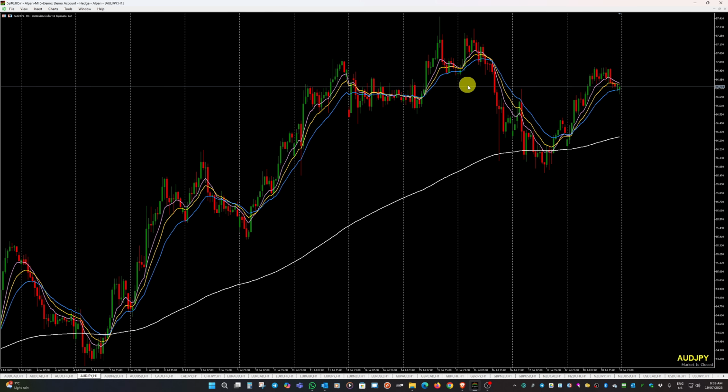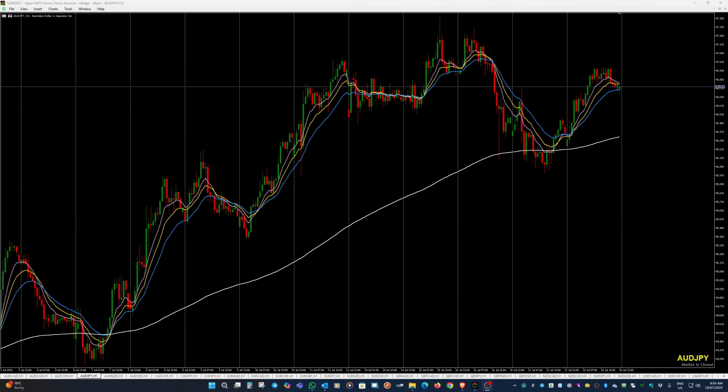And what I'm looking at here is I avoid making trades where we are pulling back towards the 200 EMA. We can see here that we're definitely in an uptrend for this pair, and that we actually had a pullback to the 200 EMA and then it closed above it again.